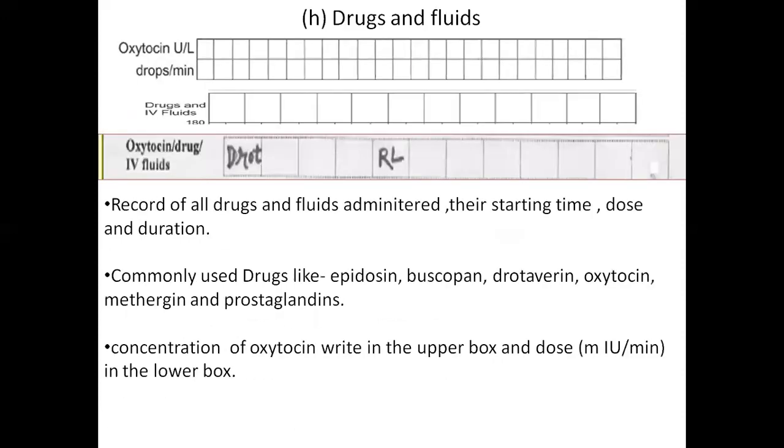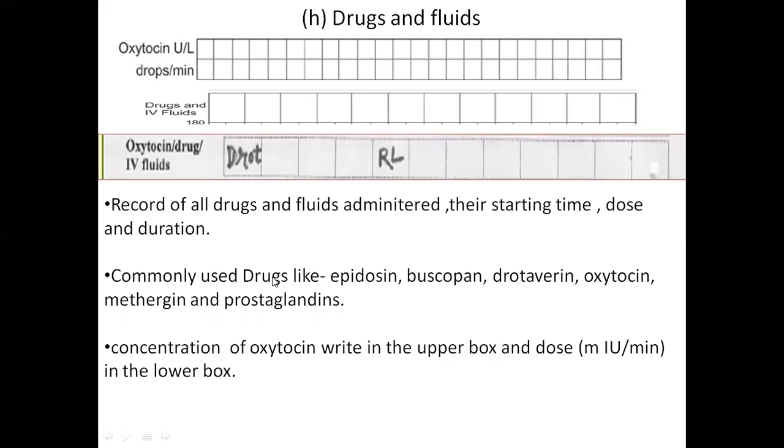Now drugs and fluids. The record of all drugs and fluids administered, their starting time, dose and duration should be recorded and shown in this, with oxytocin rate and dose in drops per minute in the below row.